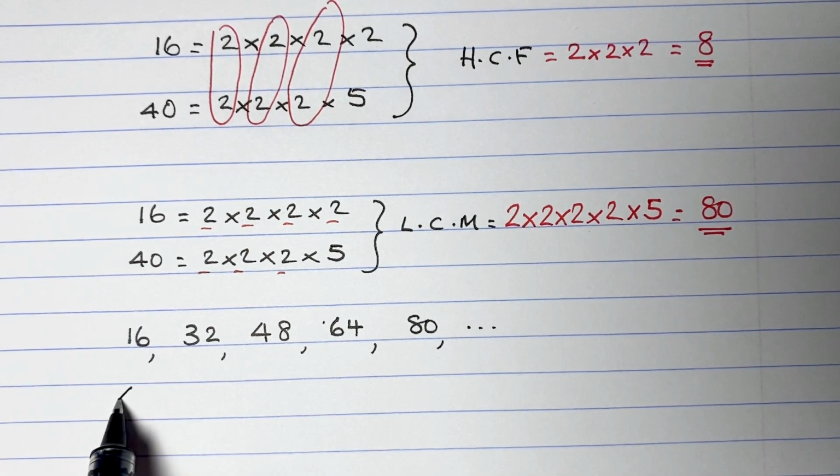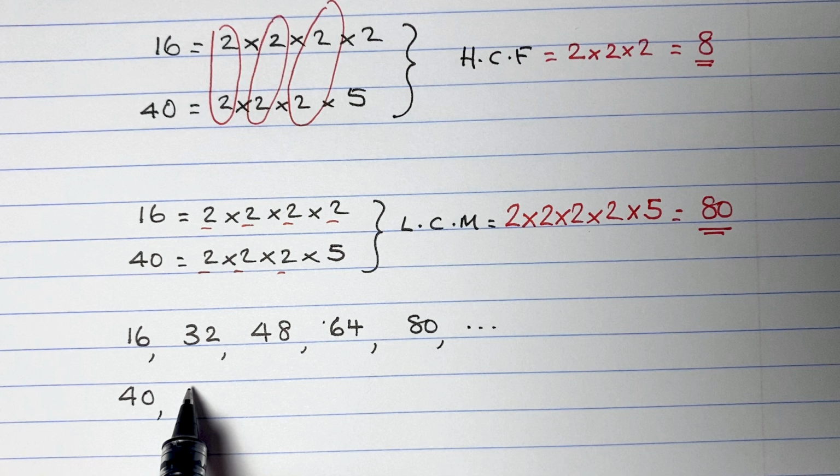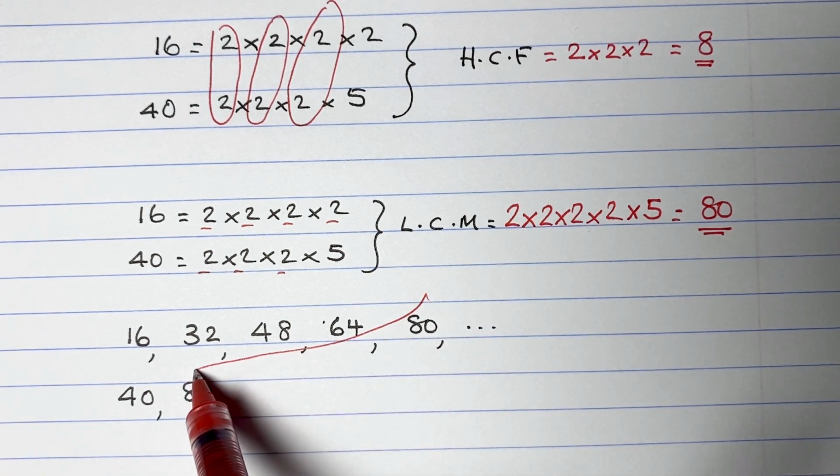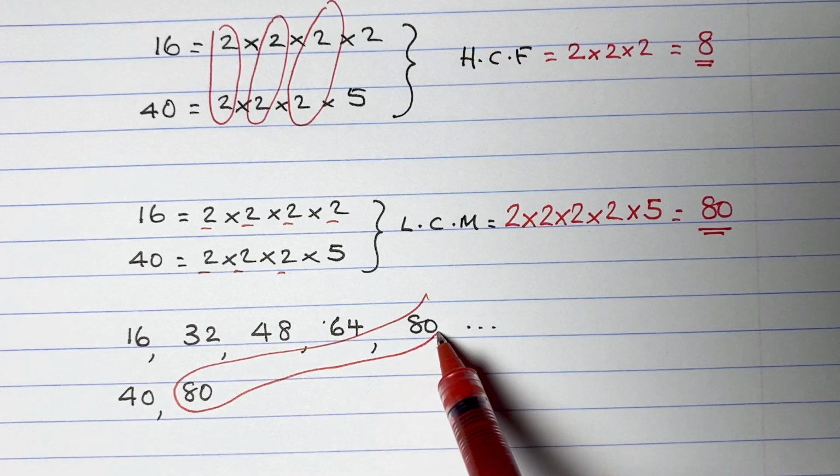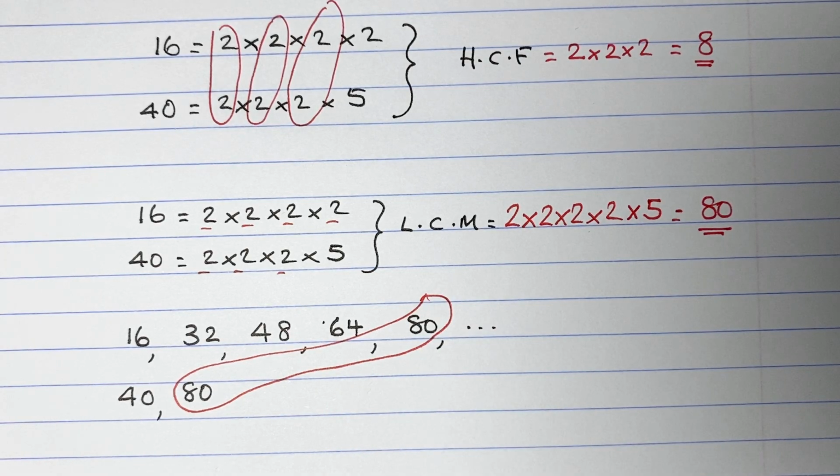And multiples of 40, 80, 120. You can see 80 is the first number which is common in both lines. So 80 is the smallest or the lowest common multiple.